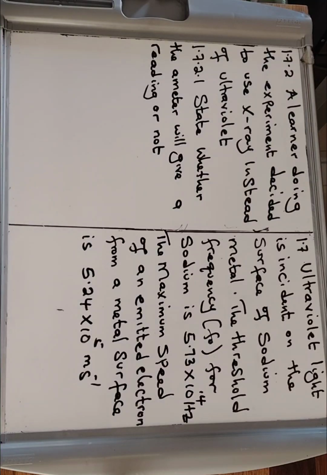The question says, state whether the ammeter will give a reading or not. To answer this question, you need to borrow some information from somewhere. You need to know the electromagnetic spectrum.